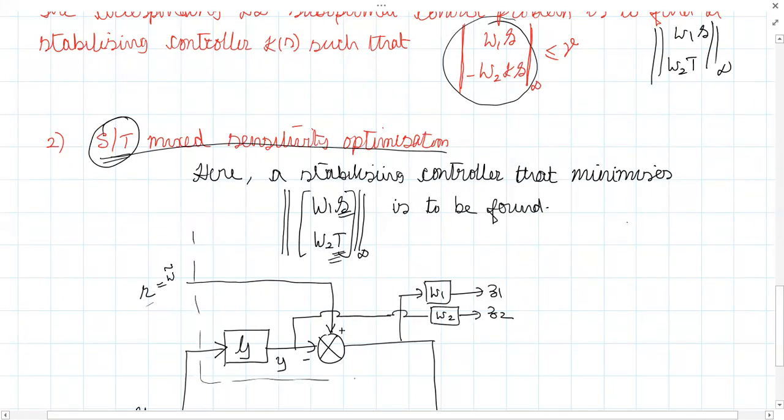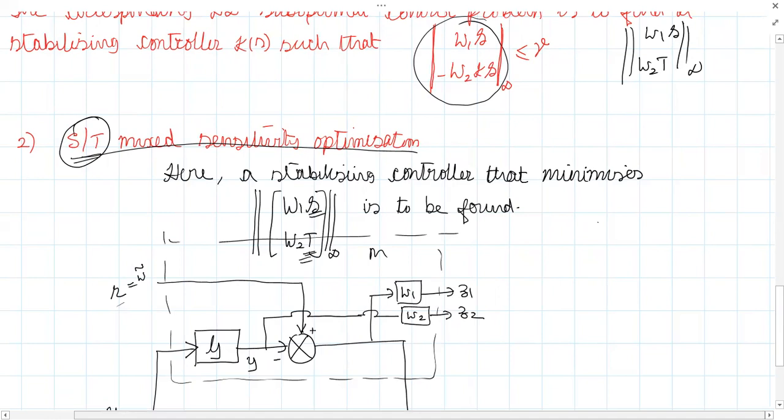So this will be our nominal plant. P or M, whatever is the notation, this will be M. So how can we bring it into standard form? What is Z1?